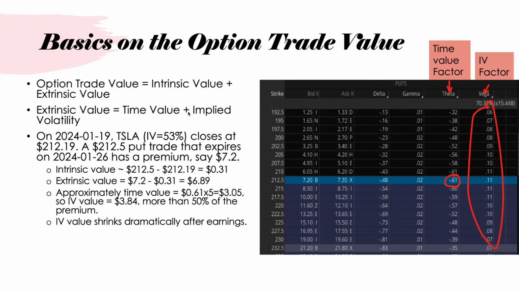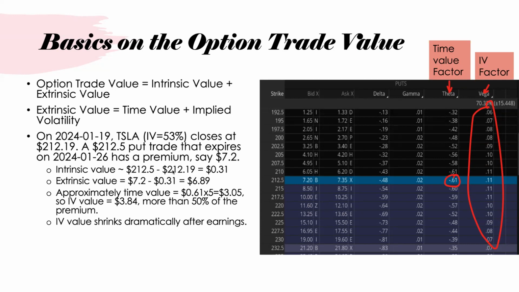I don't know the exact formula to calculate them, but let me roughly do the calculation for you below. On 2024, January 19th, Tesla, with an IV of 53%, closes at $212.19. So a 212.5 put trade that expires next Friday, January 26th, has a premium, say, $7.2.